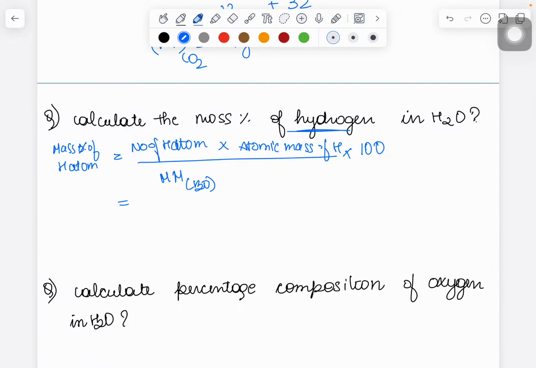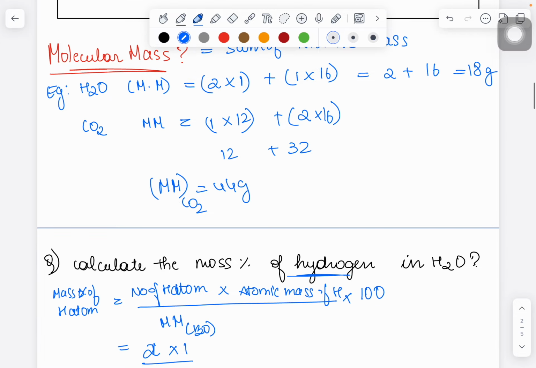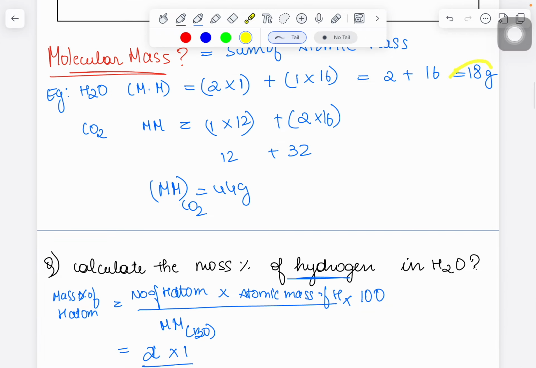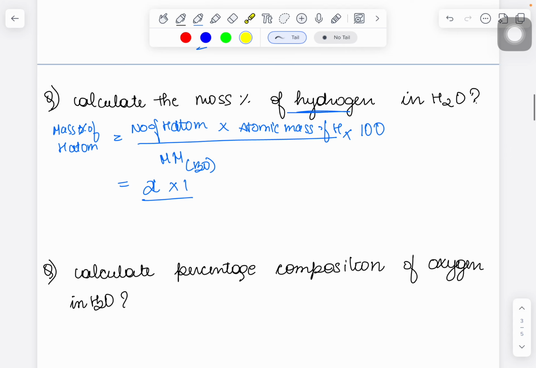We have 2 hydrogen atoms, the atomic mass of hydrogen is 1, divided by the molecular mass of H2O, which we already calculated as 18, into 100.